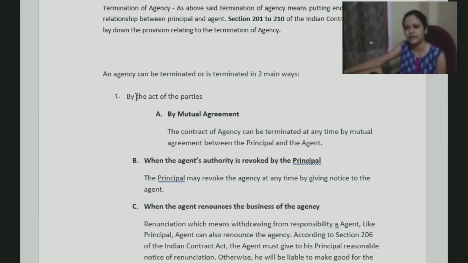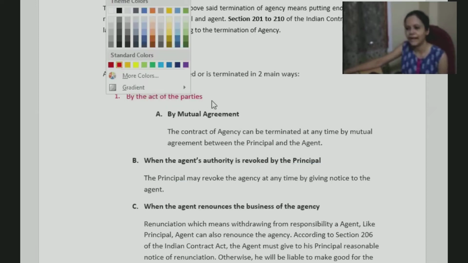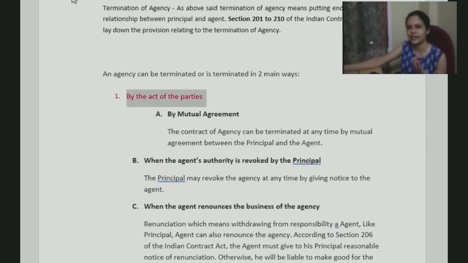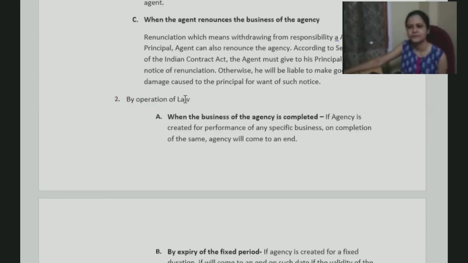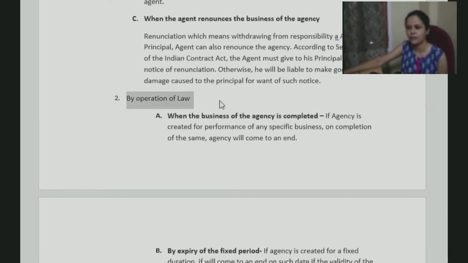Like we have by act of parties, where either agent or principal is doing something, and by their act or conduct they are putting an end to the agency. That is nothing but act of parties. Another one is by operation of law.